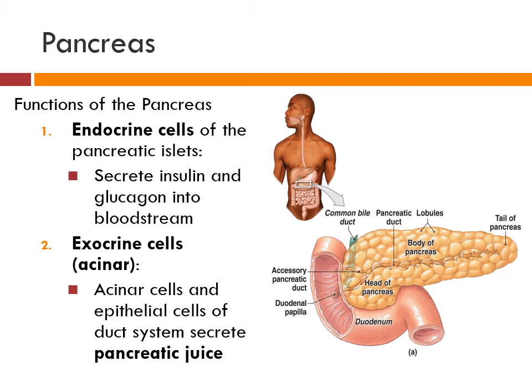So the endocrine cells of the pancreatic islets secrete insulin and glucagon, and we learned about that when we learned about the endocrine system. And the exocrine cells, which make up 99% of the secretions of the pancreas, are acinar cells and epithelial cells of the duct system, which secrete pancreatic juices, which are digestive enzymes.